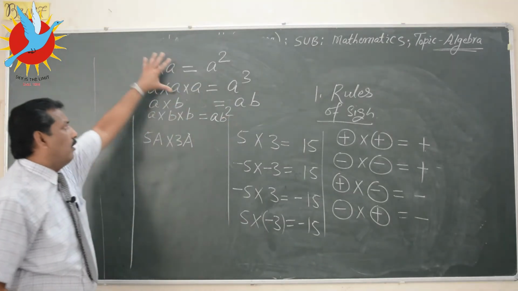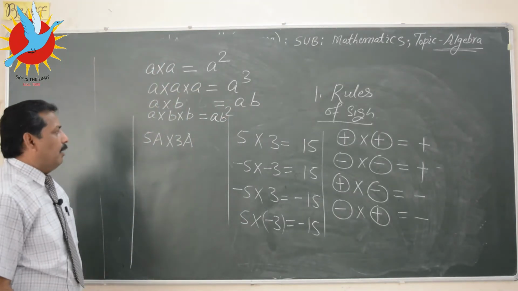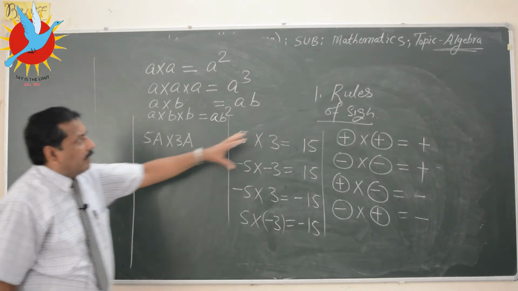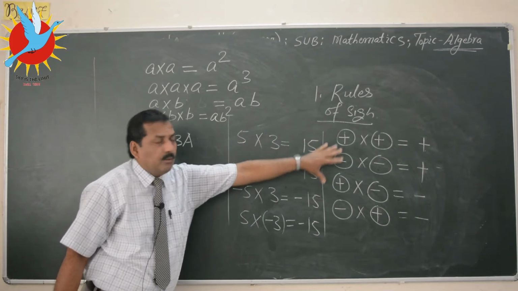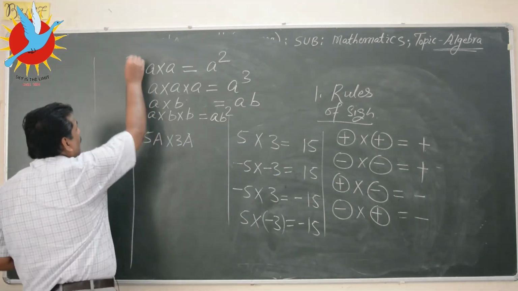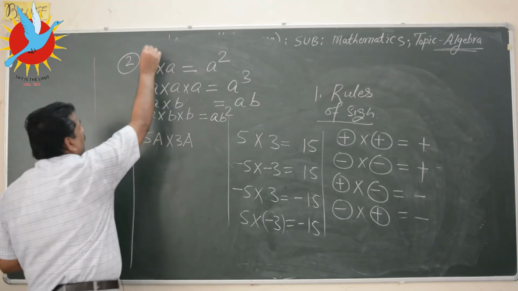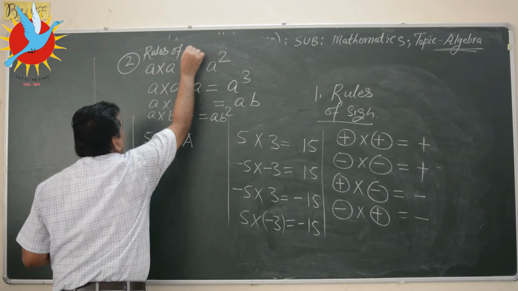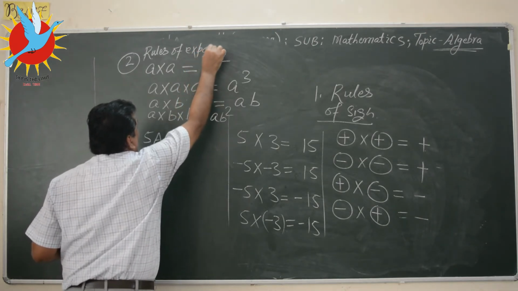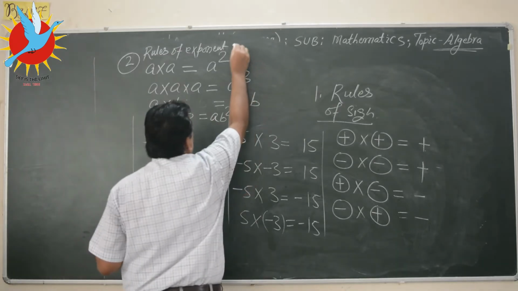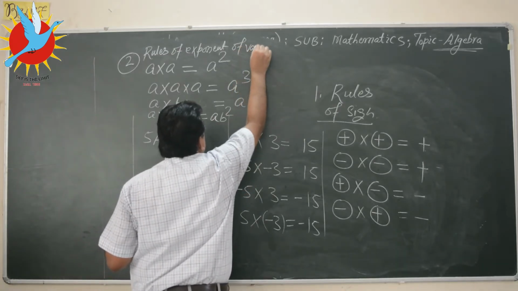So you have to follow this concept in multiplication of algebraic expressions, and regarding rules of sign you have to follow this one. So this is the second set of rules of exponents of variables.